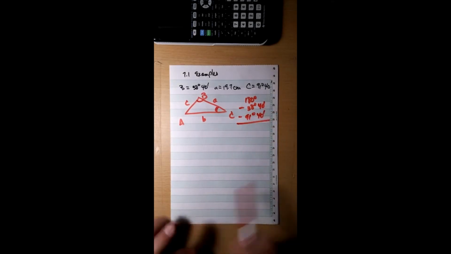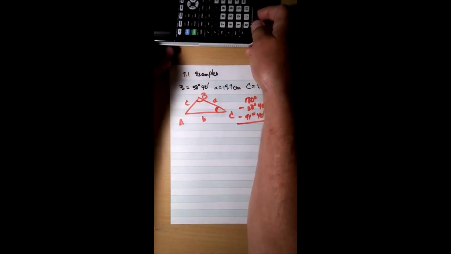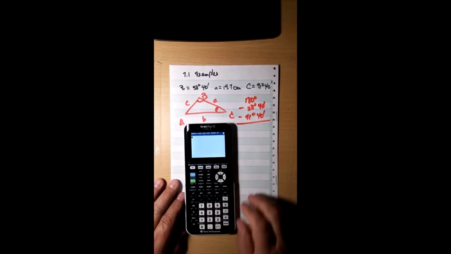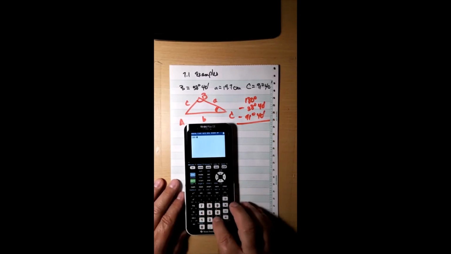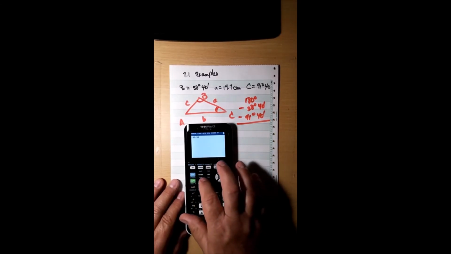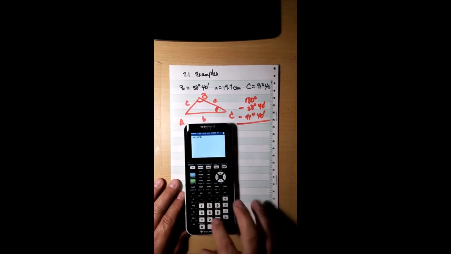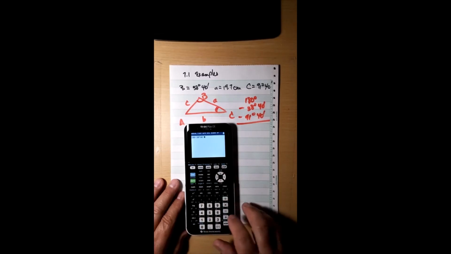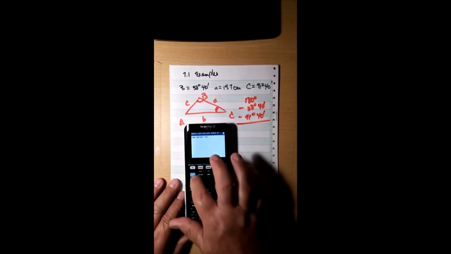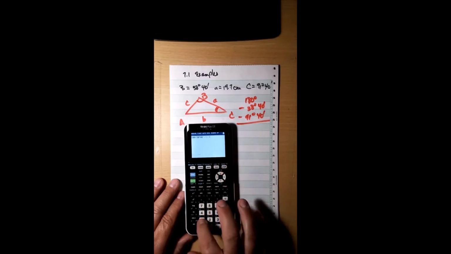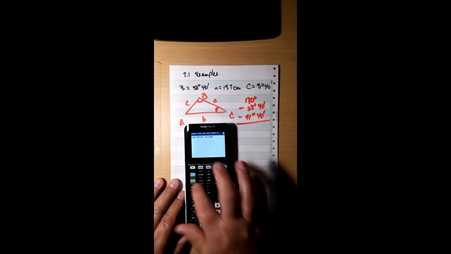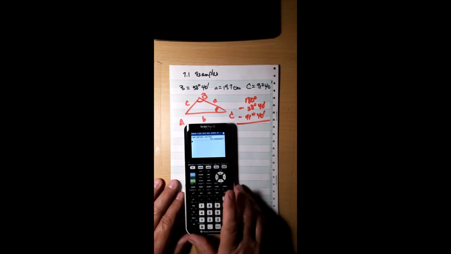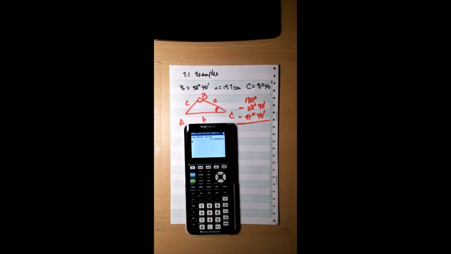Let's see what we get from that. 180 minus the 38 degrees, 40 minutes, minus the 91 degrees, 40 minutes, gives us 49 2/3.